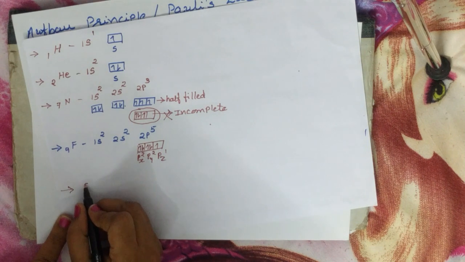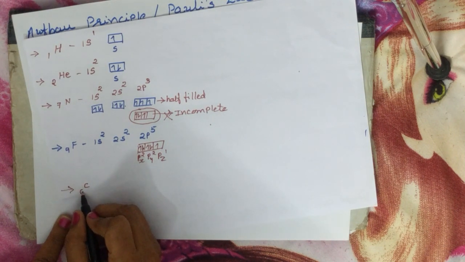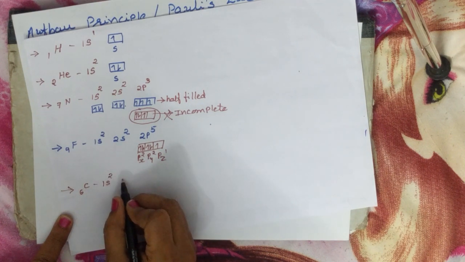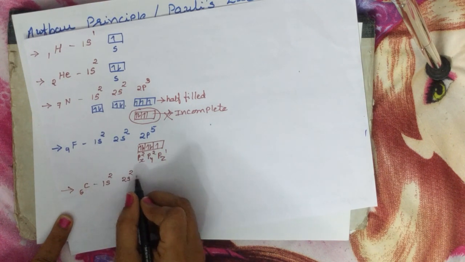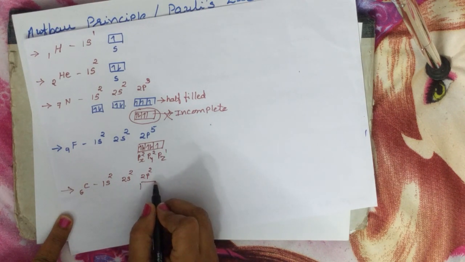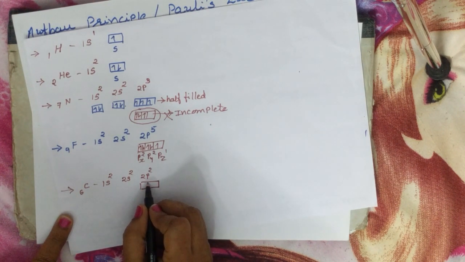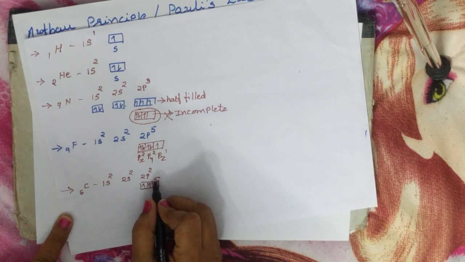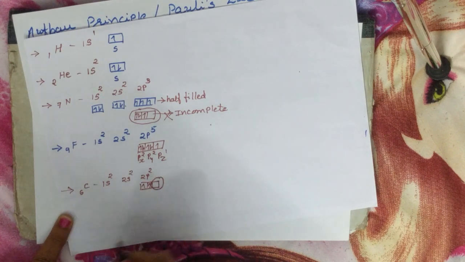So in that, it is not completely filled, so you will know. 6 electrons are there, so 1s2, 2s2 and 2p2. So this 2p2, this is your vacant orbital.